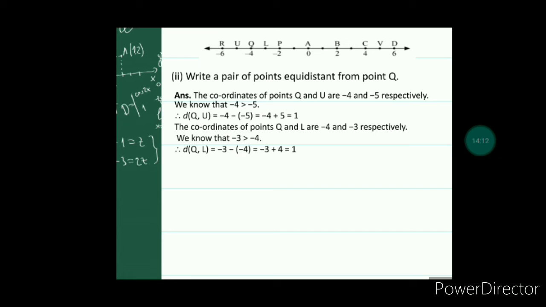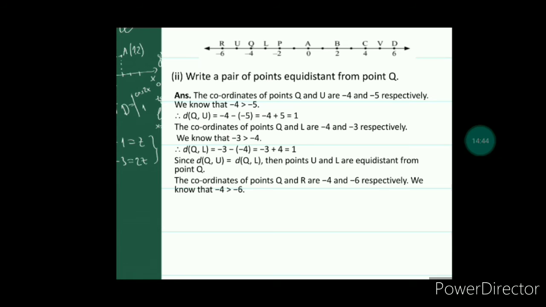Therefore, distance QL equals -3 minus (-4), which is -3 plus 4, equal to 1. Since distance QU equals distance QL, points U and L are equidistant from point Q.